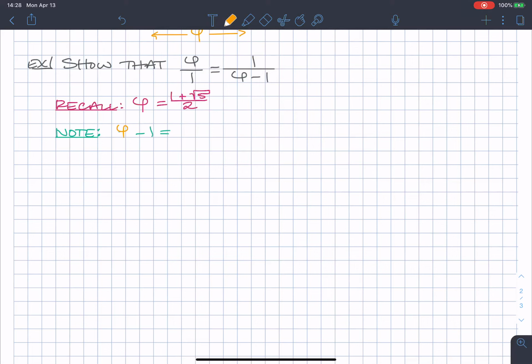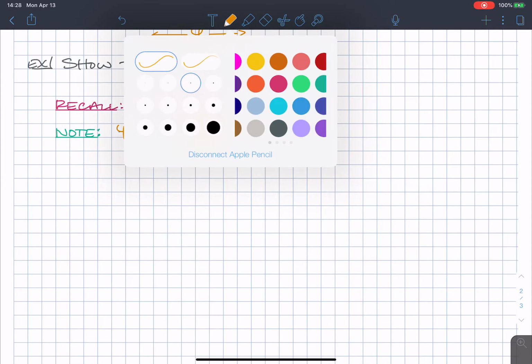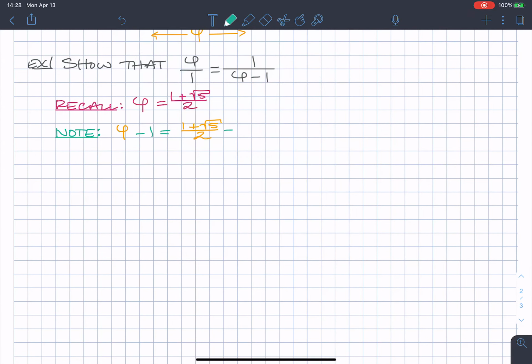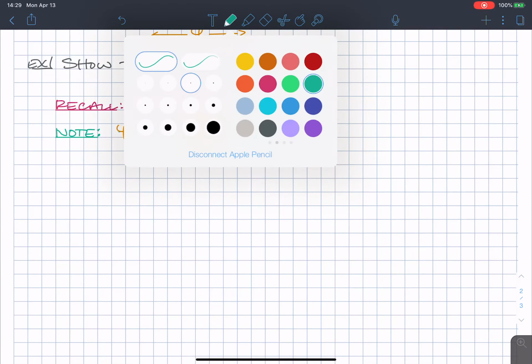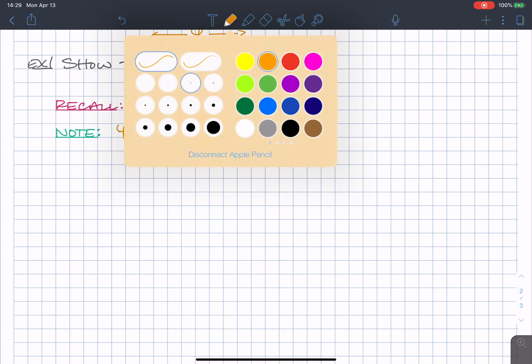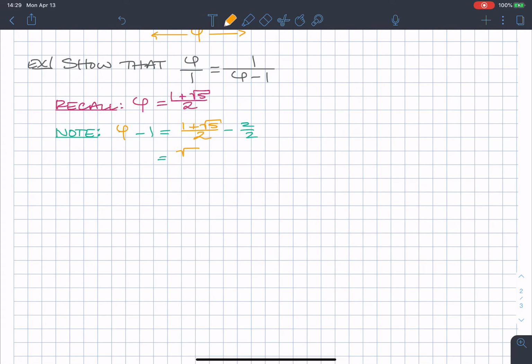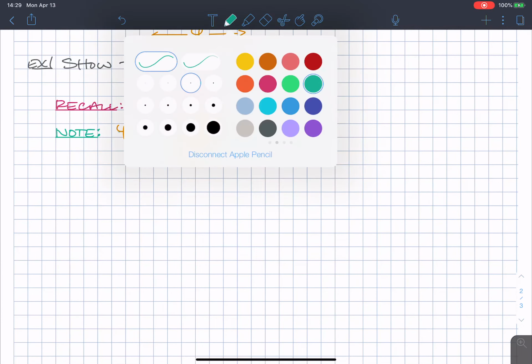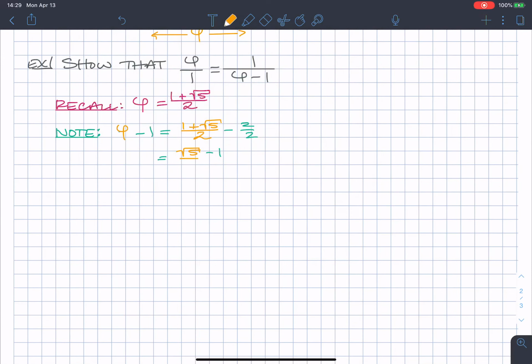So phi is 1 plus the square root of 5 all over 2, and I'm going to subtract 1. But 1 is the same as 2 over 2. So now this is going to be the square root of 5 minus 1, because 1 minus 2 is a negative 1, all over 2.